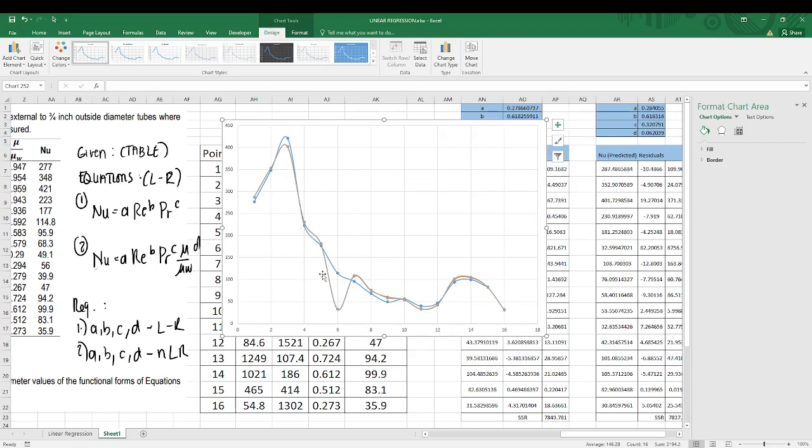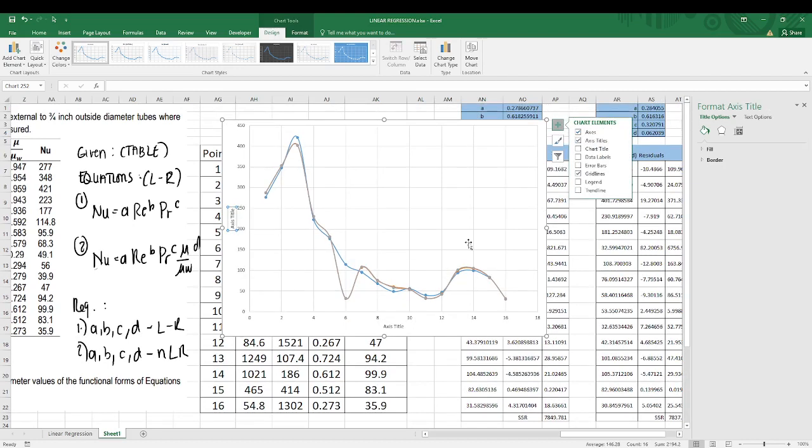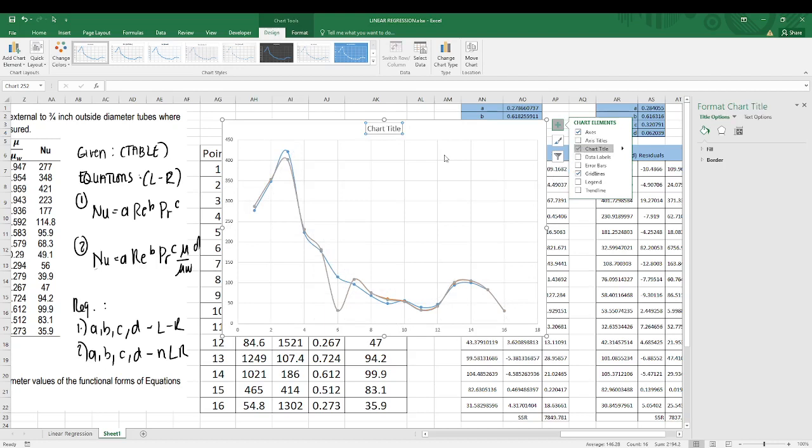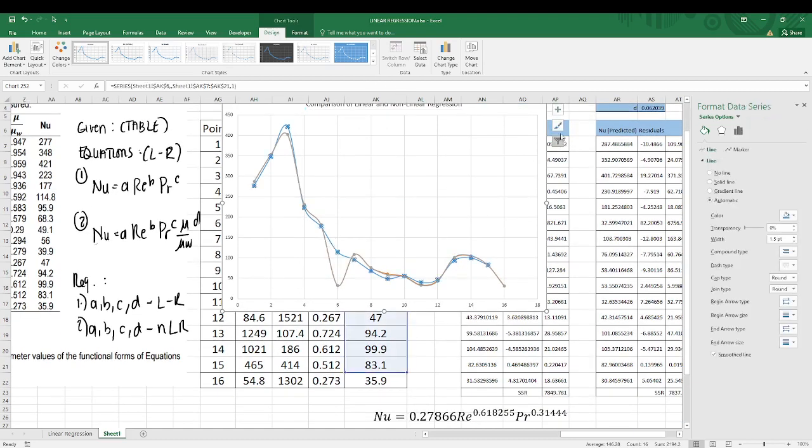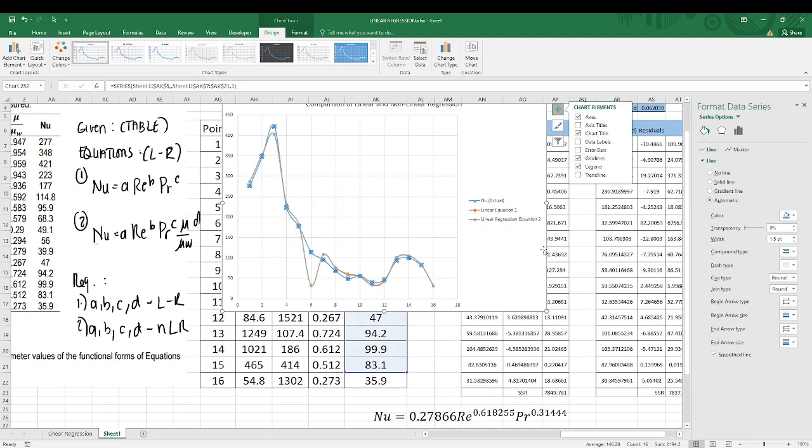It almost fits the actual data, but there is a discrepancy here. Comparison of linear and non-linear regression.